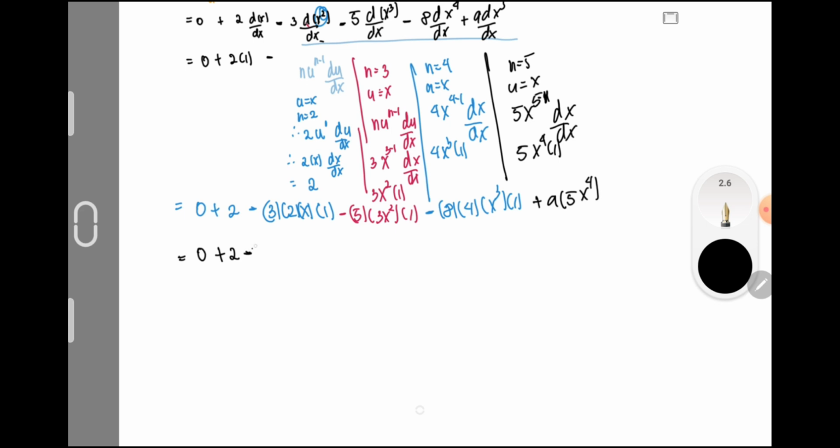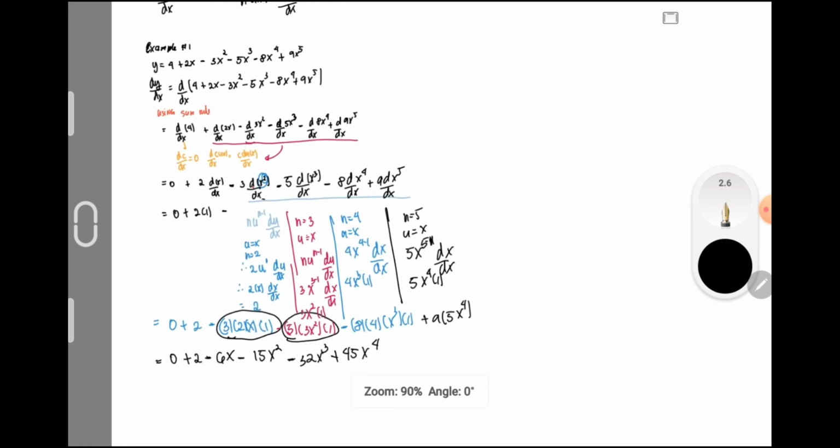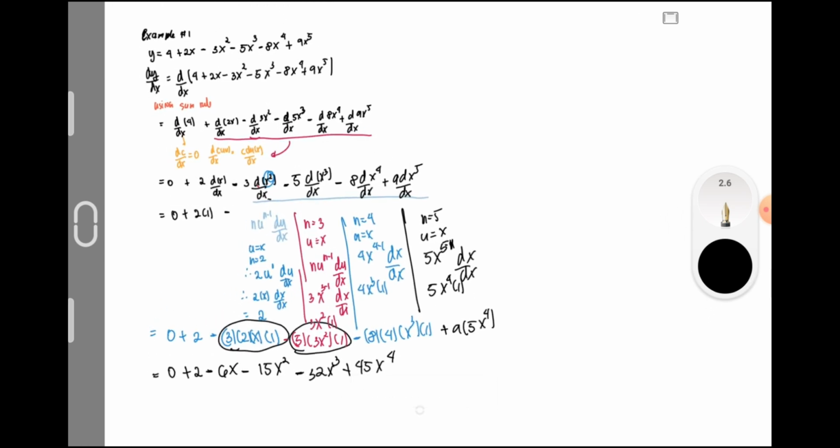Yan. So by further manipulation of the equation, we'll have a value equal to 0 plus 2 minus 6x minus 15x squared minus 32x cubed plus 45x raised to 4. Okay, so this will be our dy over dx.